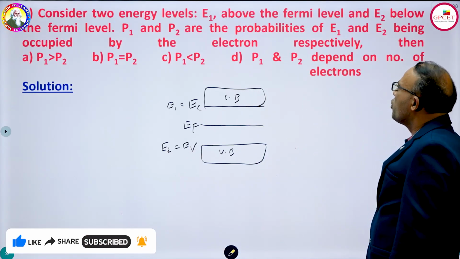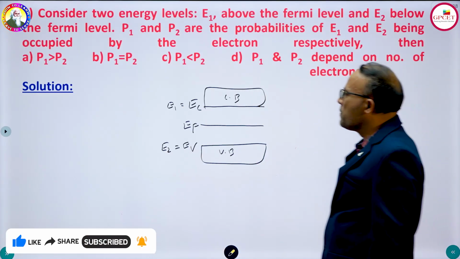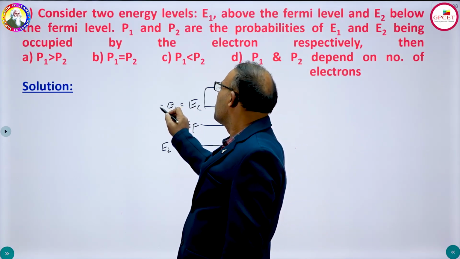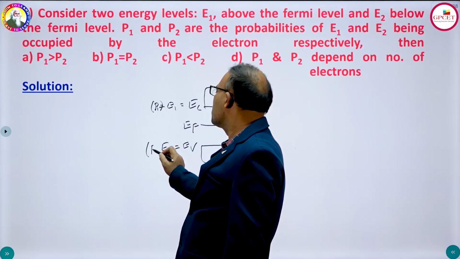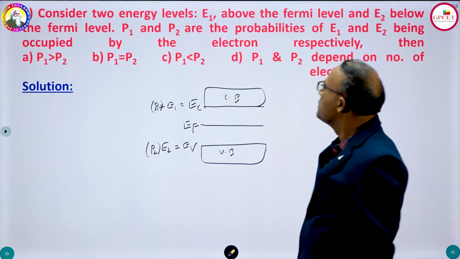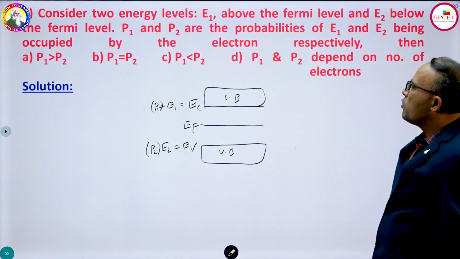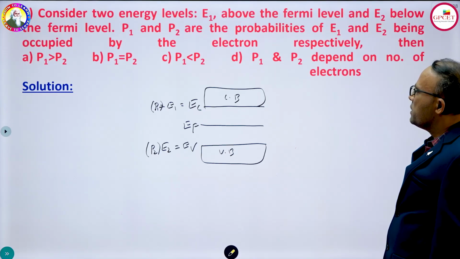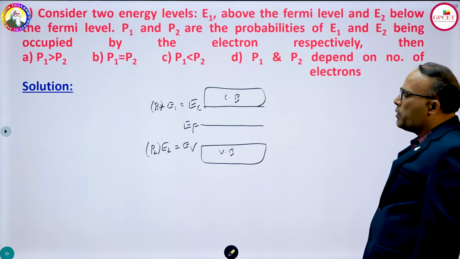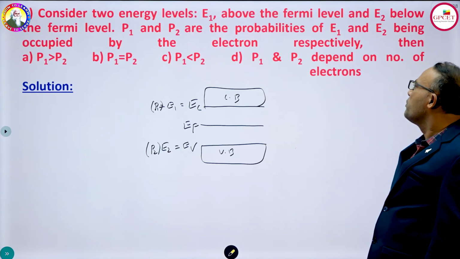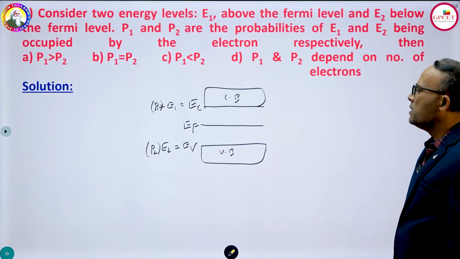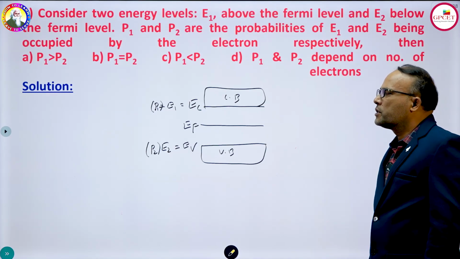P1 and P2 are the probabilities of E1 and E2 being occupied by an electron, respectively. The options are: P1 greater than P2, P1 equal to P2, P1 less than P2, or P1 and P2 depend on the number of electrons. Let us check the answer.